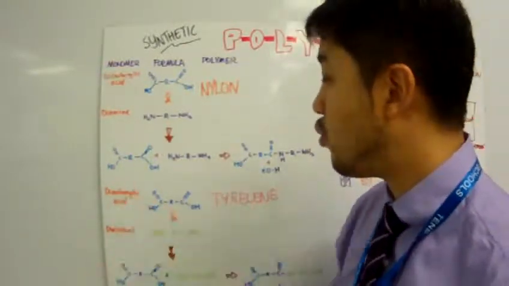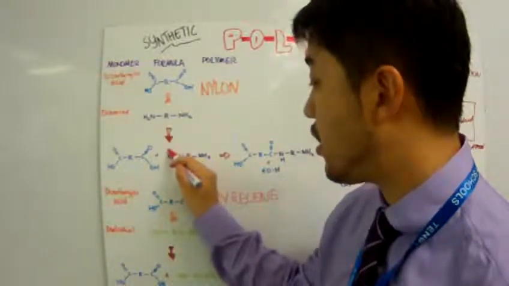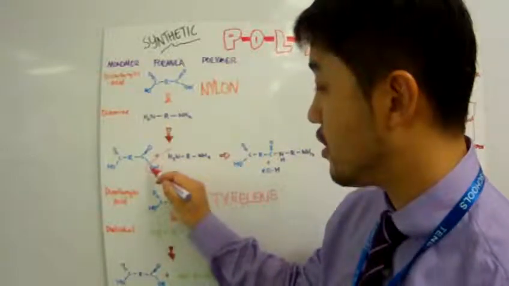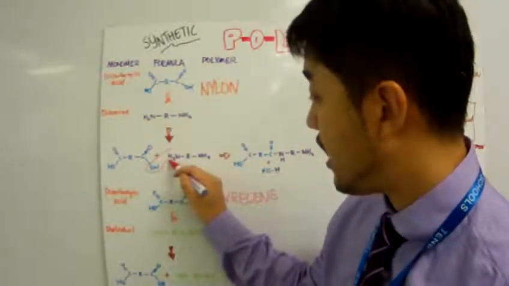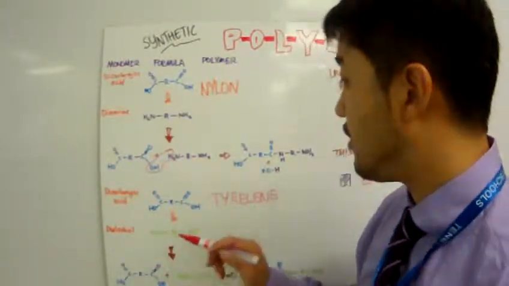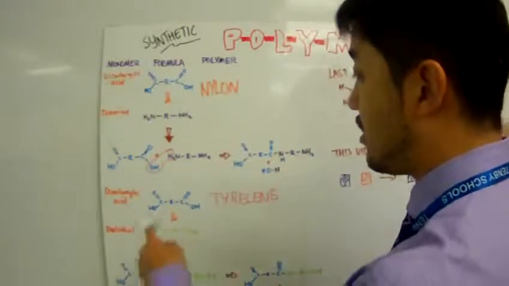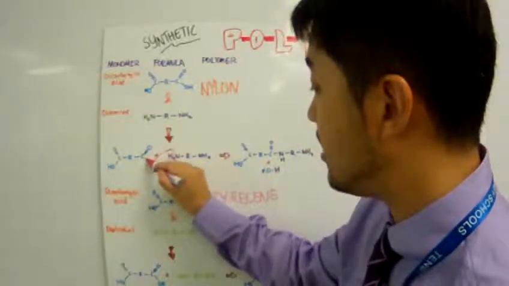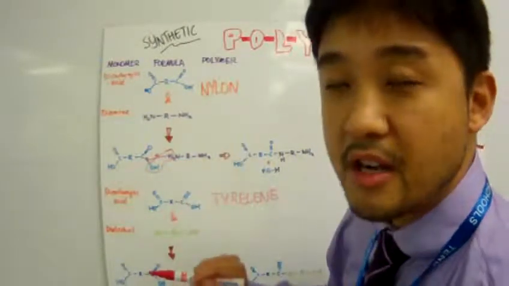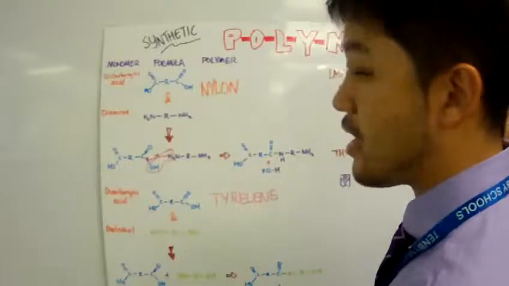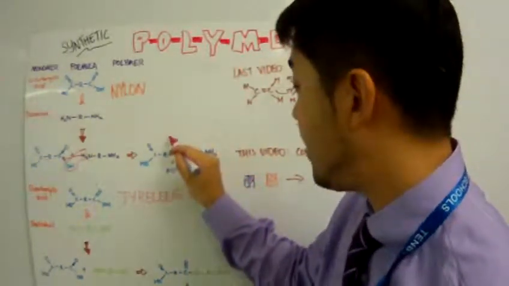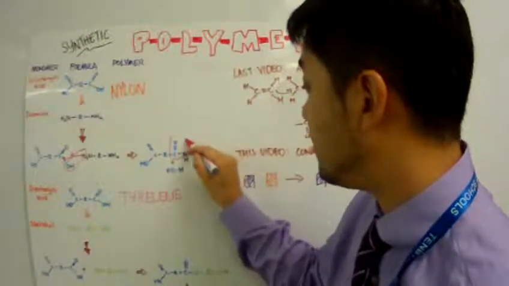When we put them together, what you will see is a loss of water. We lose one of the OH, which will come out, and also taking one of the H from the amino group. And what is going to happen then? This carbon here is now free to form a bond with the nitrogen of the diamine monomer. And what we get is now this new bond.